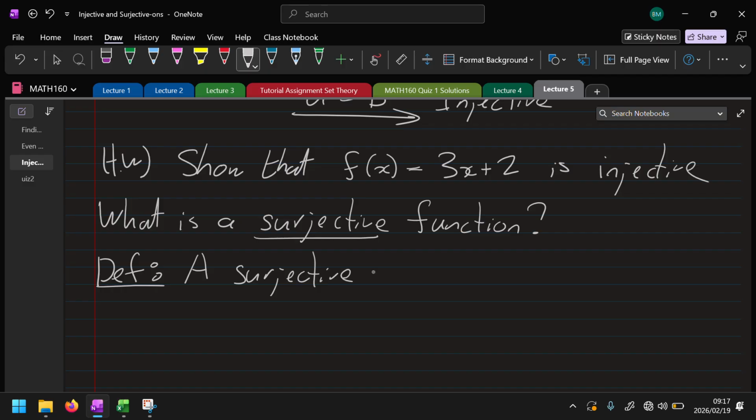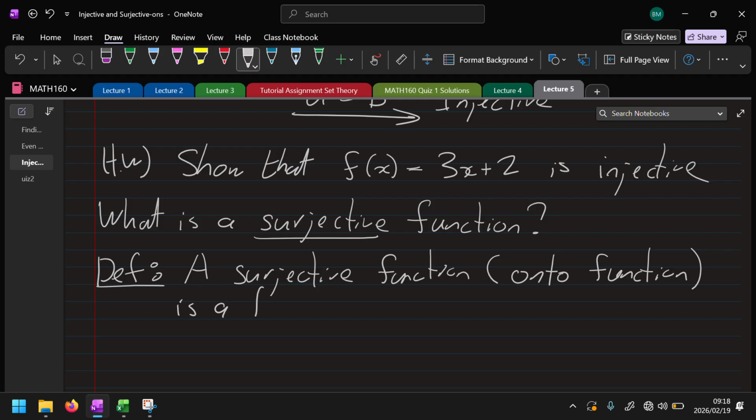A surjective function, also called an onto function. Okay, so we have injective is also known as one-to-one. Surjective is also known as onto. And we'll see why it's called onto in a little bit.